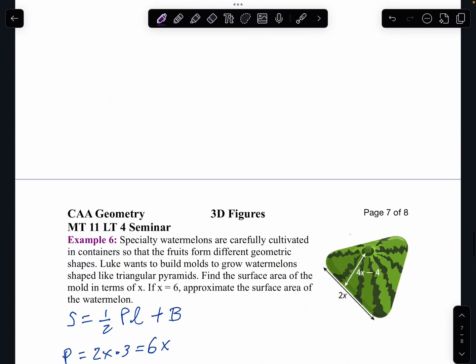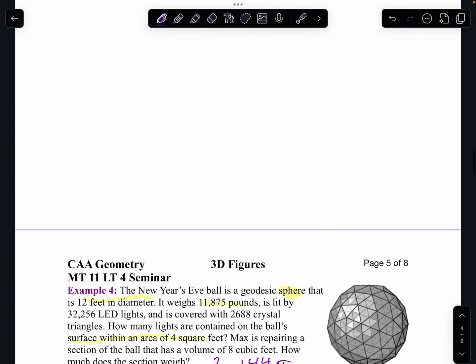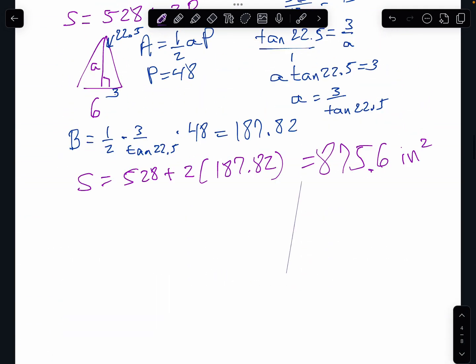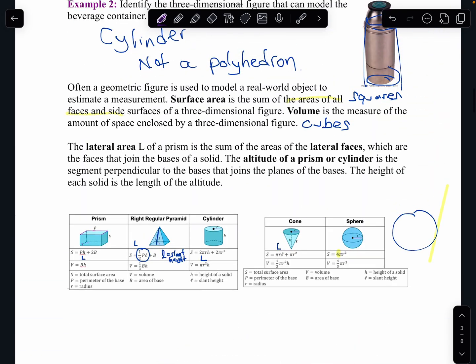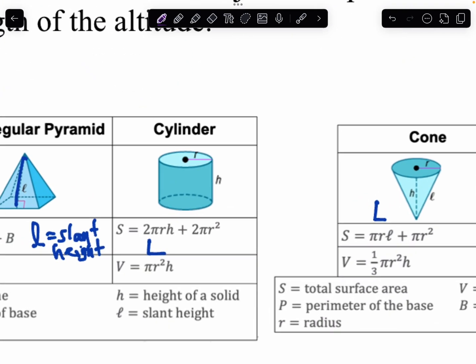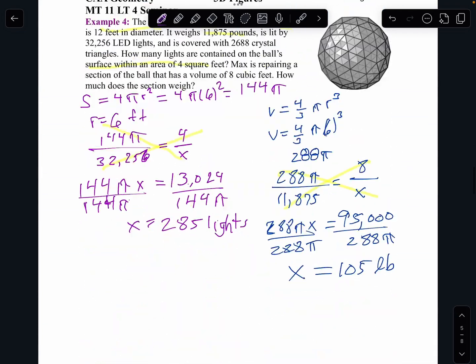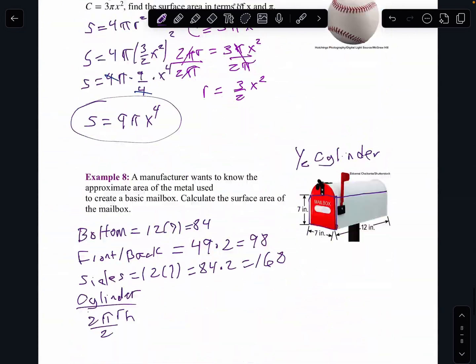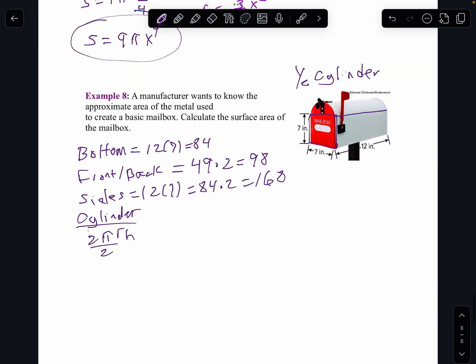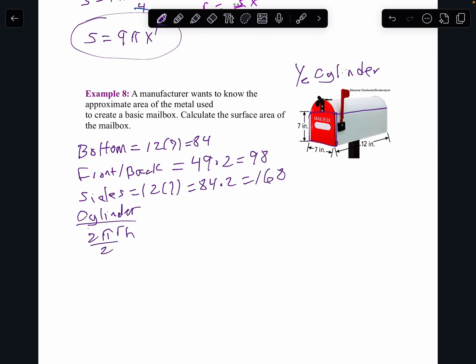Let's make sure we have this right. There we go. So if we look at our cylinder, it's 2 pi r h plus 2 pi r squared. Okay, but it'll only be pi r squared on this one. Okay, so now that's pi r h for my lateral area.